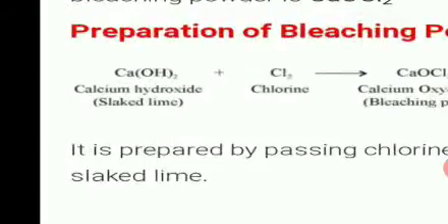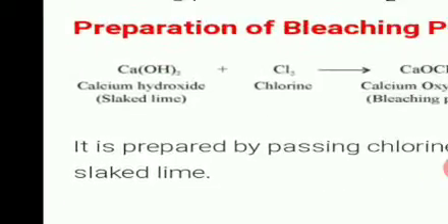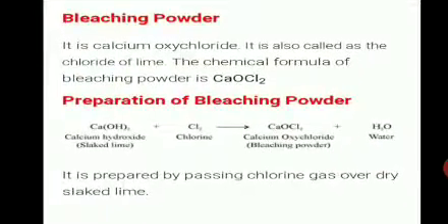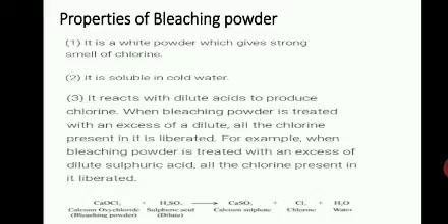Next we are going to study the properties of bleaching powder. First property: it is a white powder which gives a strong smell of chlorine. All of you have seen this bleaching powder. It is used as a disinfectant, isn't it? For cleansing the water. Second property: it is soluble in cold water.